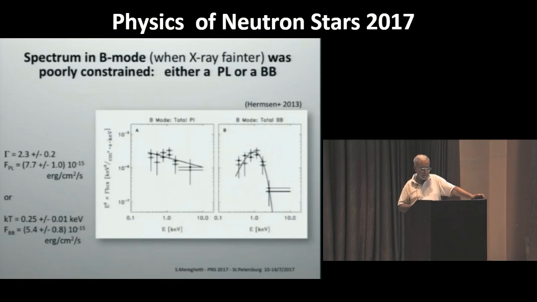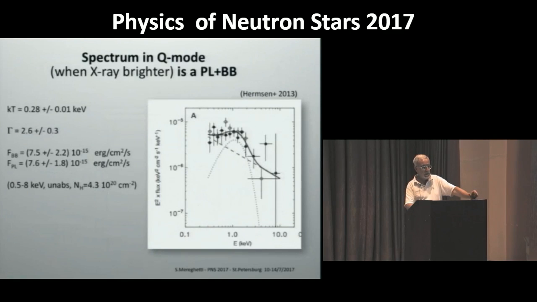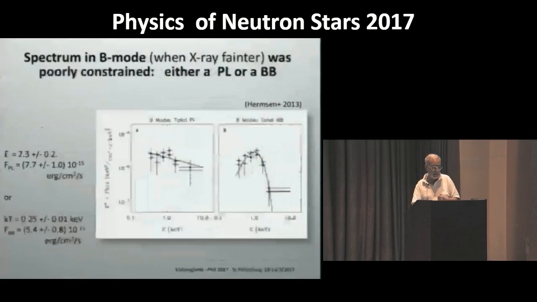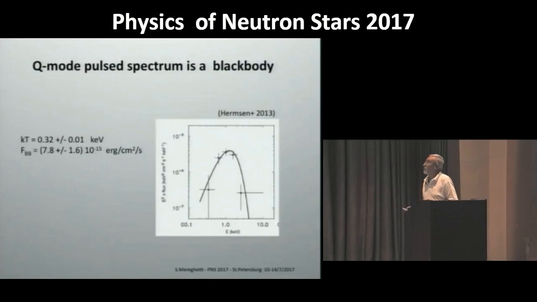The interesting result that was obtained was that going back to the Q mode data, if you divide the pulsed emission from the non-pulsed emission, I mean, if you extract the spectrum just during the pulsation, you can measure the pulsed spectrum, and the pulsed spectrum turned out to be compatible only with the black body.